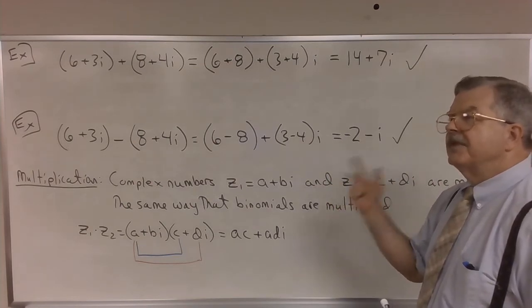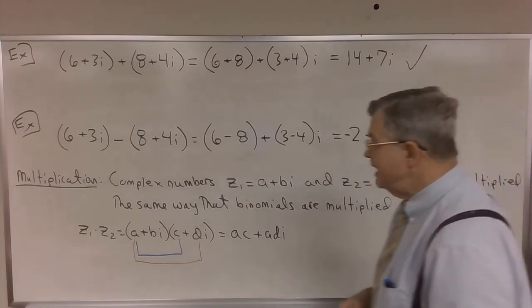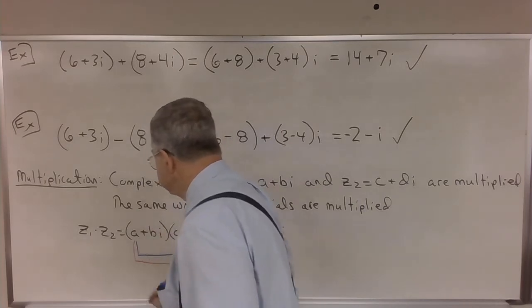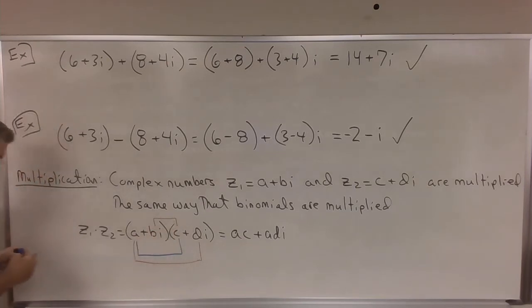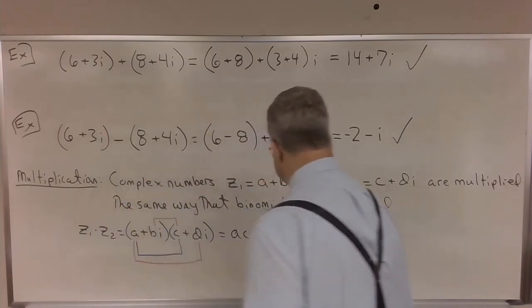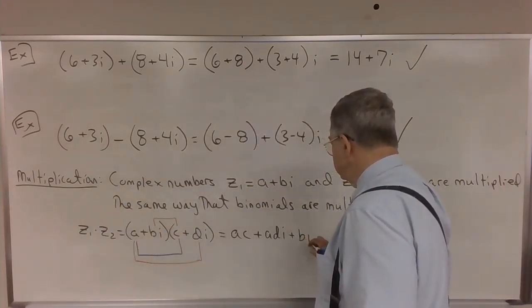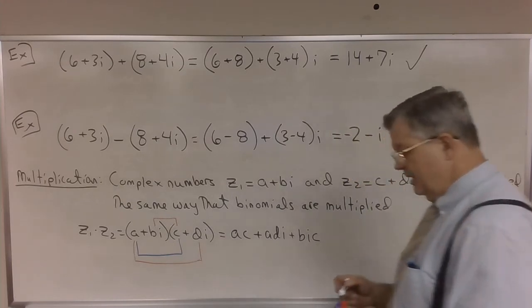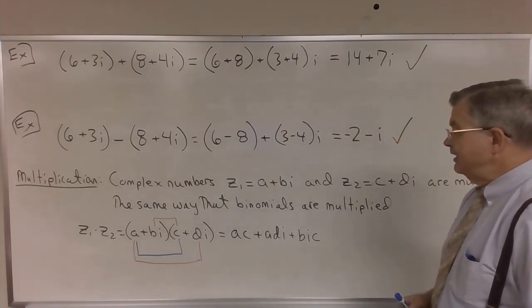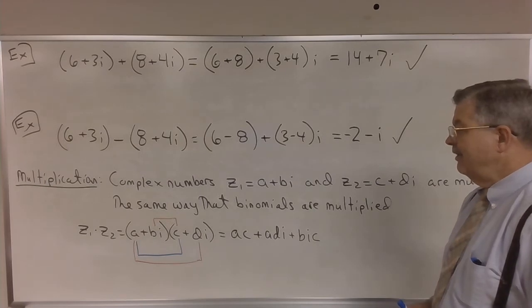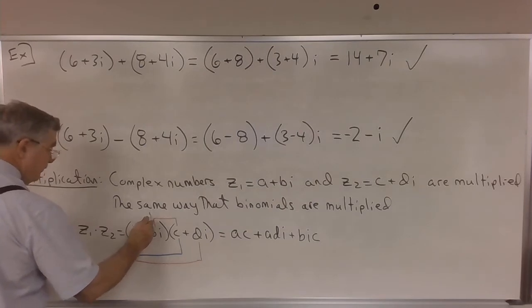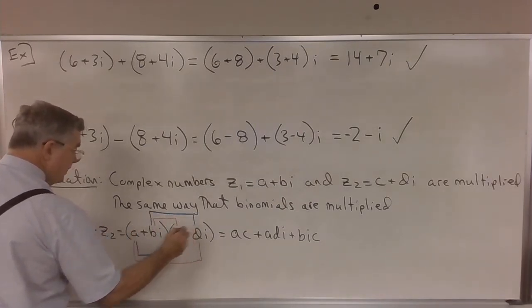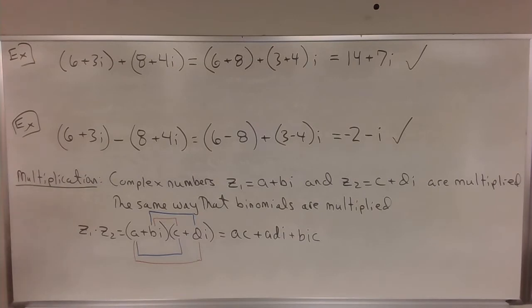First, outer, inner, so next we take the inner, and that's Bi times C. And then lastly, we take the last two. So the last of the first times the last of the second, Bi times Di.